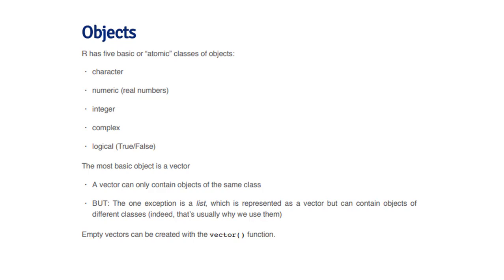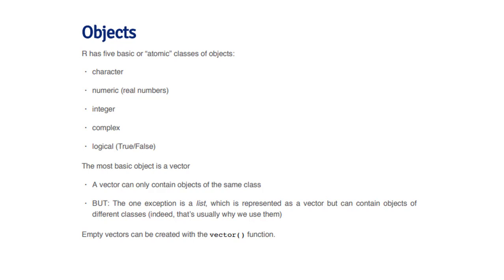For example, you can have a list that has a character, a numeric, a logical, and so on. You can have a list that's inside the list, and one element of the list can be a data frame. One element of the list can be anything, and that's what makes lists so useful. So the list is the one exception to the general rule that vectors can only contain elements of the same class.